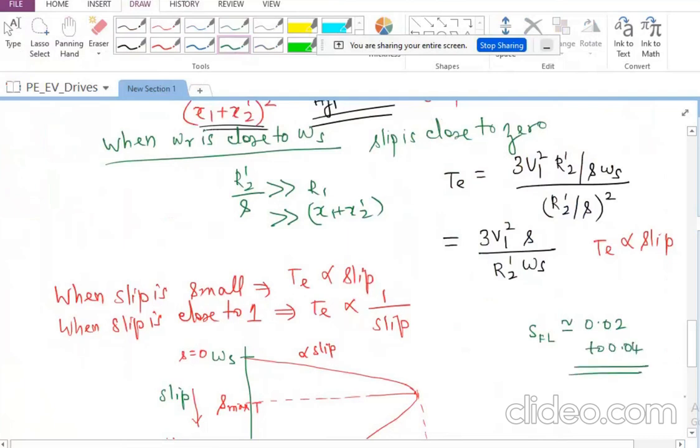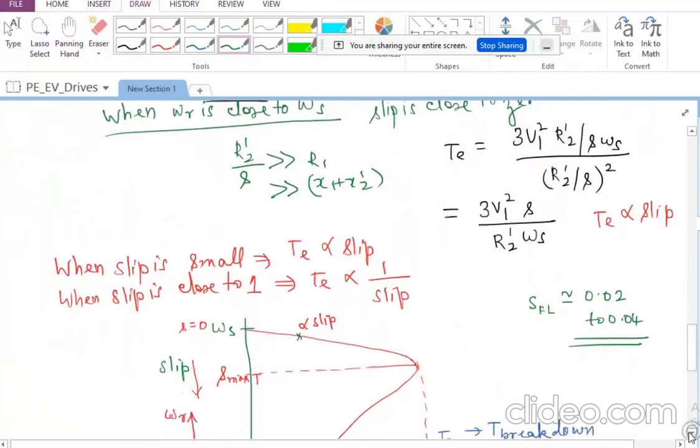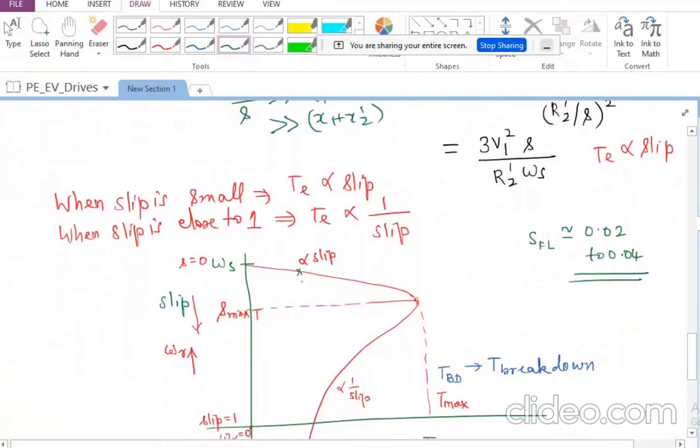It will not be generally more than that. So you would see a very, very small drop in the speed. Almost this will be the point which may correspond to our full load condition.